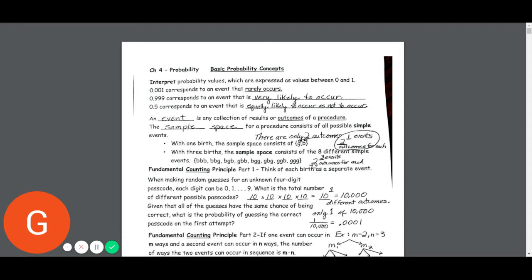So we could put this in exponential form as 2 outcomes for each event, and there's 3 different events. So 2 to the third would be 2 times 2 times 2, which would give us 8. That would be a much easier way to calculate that versus trying to brainstorm the sample space.